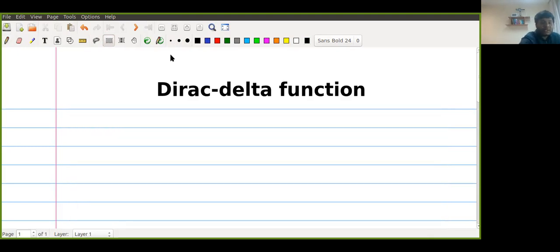Today we will try to understand a few basic concepts and important properties of the Dirac-delta function, and I will try to prove a few of them for your understanding.